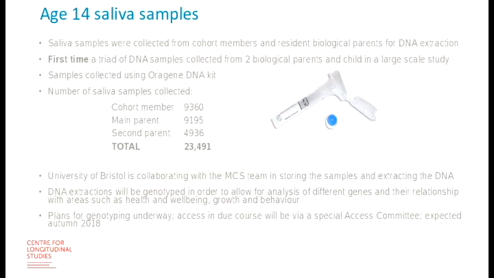The University of Bristol have been working on storing the samples and extracting the DNA. And the DNA extractions will be genotyped to allow for analysis of different genes. The genotyping is underway, and access is expected in autumn 2018 via a special access committee. So that will be one of the next data deposits.